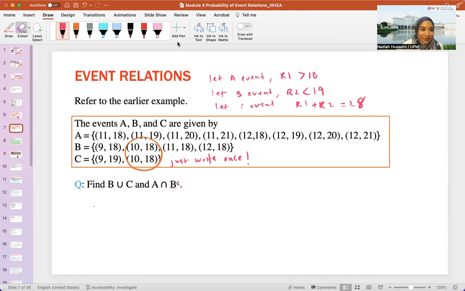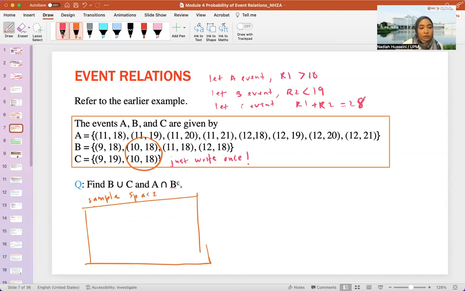Okay, good. This is my sample space. As usual, forgive my bad handwriting. We have two events again, event A and event B now. We're assuming that they overlap.